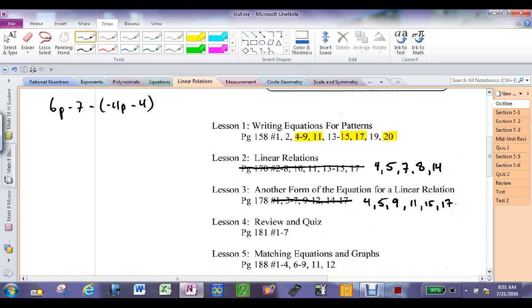Now, there is some graphing on here. A lot of this, it seems like a lot, but it isn't really. Is the line vertical? Yes. There are questions like that.